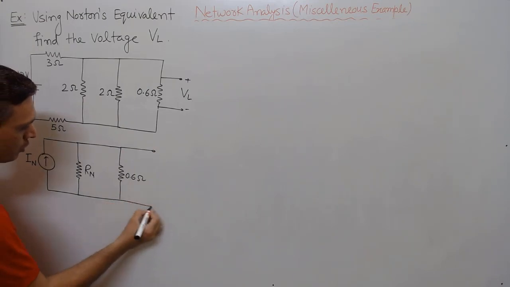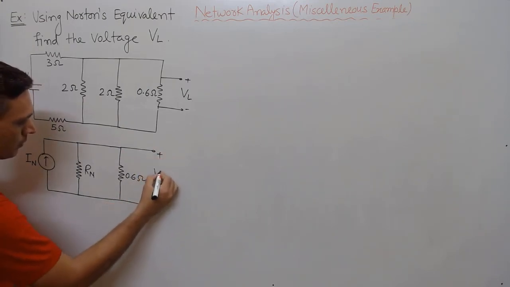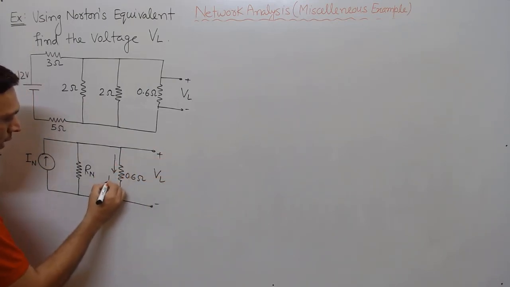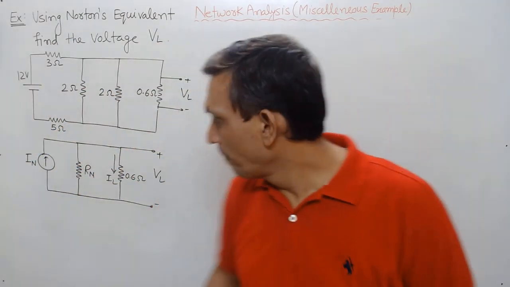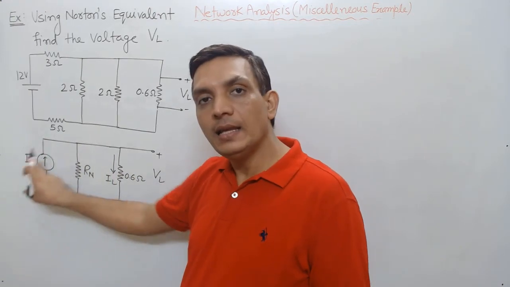So we have to find this drop VL. If you know the current IL, you can easily find the voltage drop VL, so we have to find IN and RN.